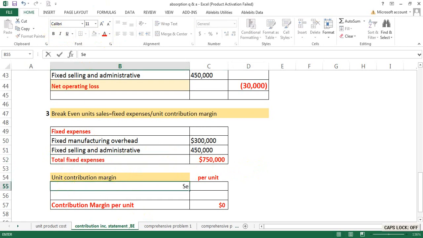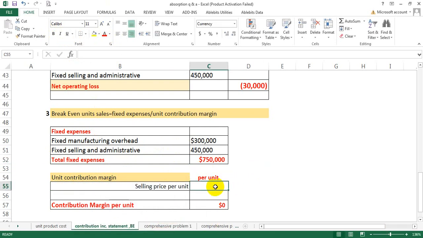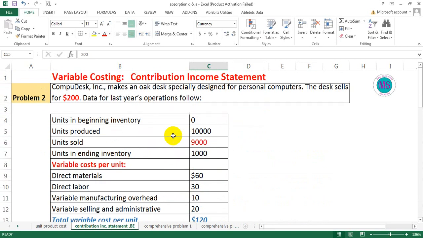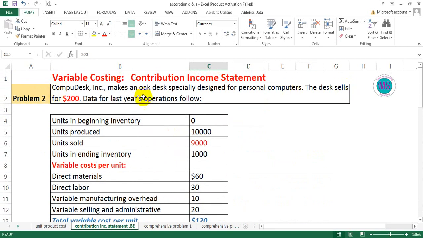Okay, unit contribution margin. For the unit contribution margin, take selling price per unit. We have done this in CVP in detail, right? My price was $200. How did I get this price? Check from my question. That sells for $200, right?